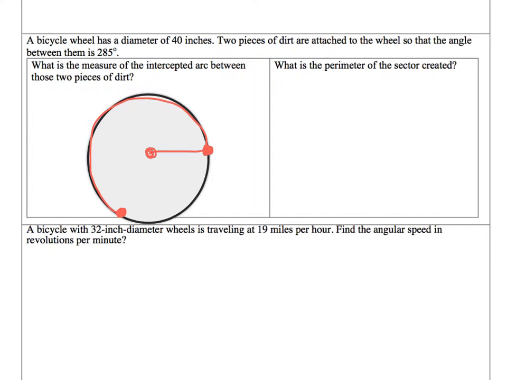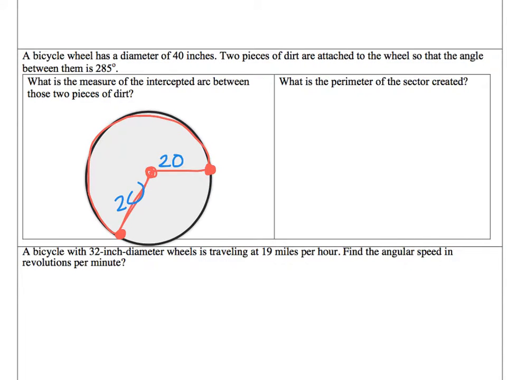We know that the diameter is 40, which means that the radius here is 20 in both cases. And what we're asked to do is to find the measure of the arc between those two pieces. So we're literally looking for this arc, that 285 degree arc.